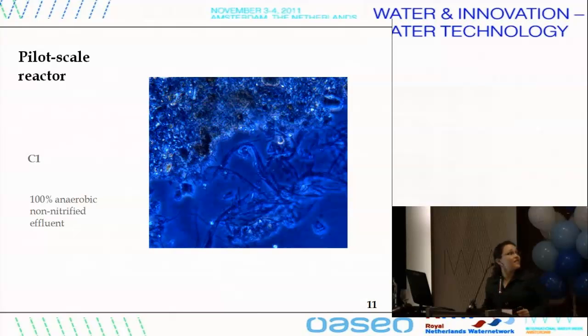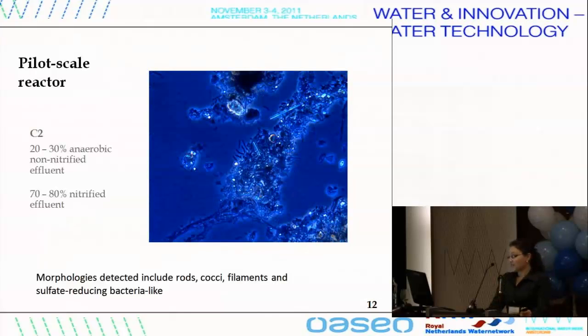And here we can see microscopy images of the C1 condition and C2 condition. The morphology includes rods, cocci, filaments, and sulfate-reducing bacteria-like.